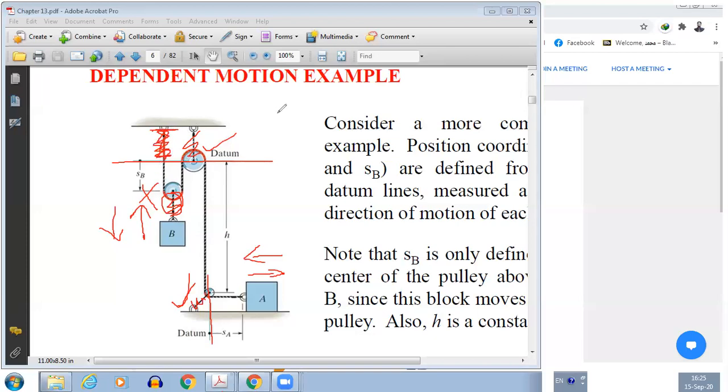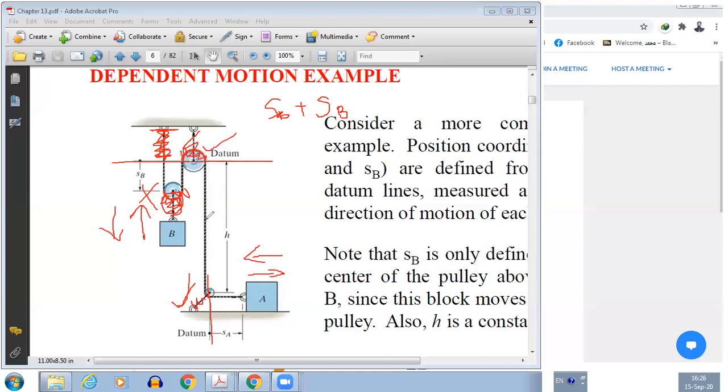So we have SB here. Then after SB, you have another constant, which is passing through this pulley. Then you have again SB, plus SB. After that, you have another constant, passing through this pulley. Ignore it.